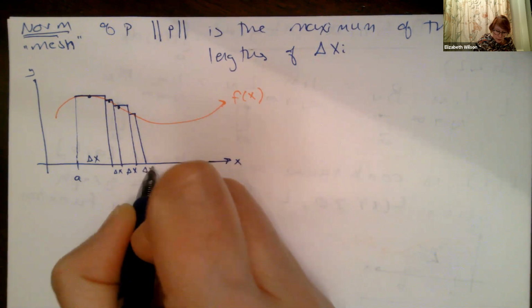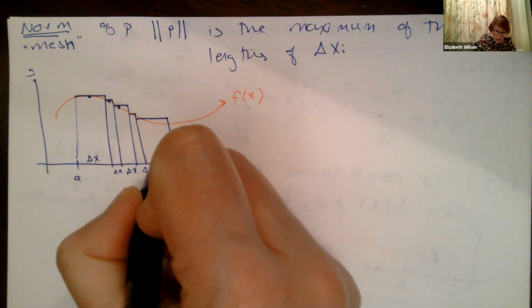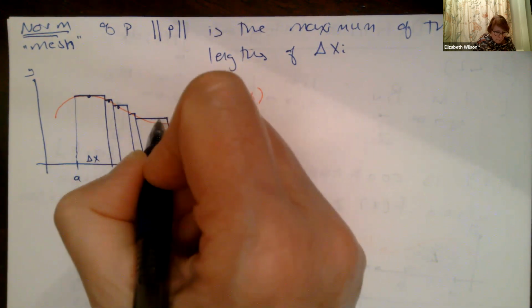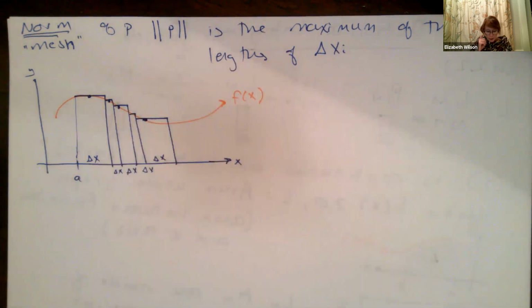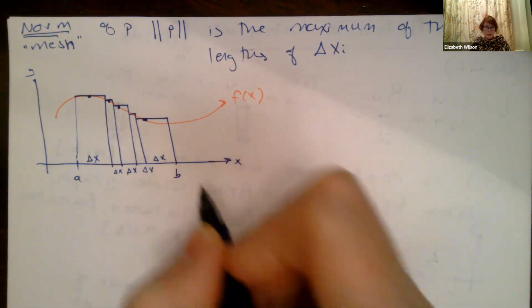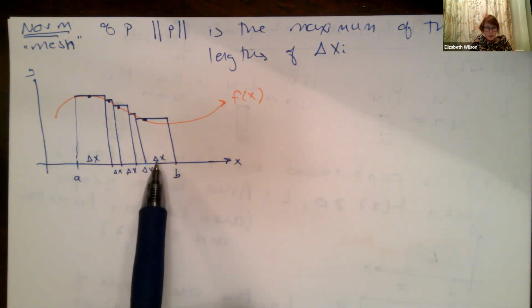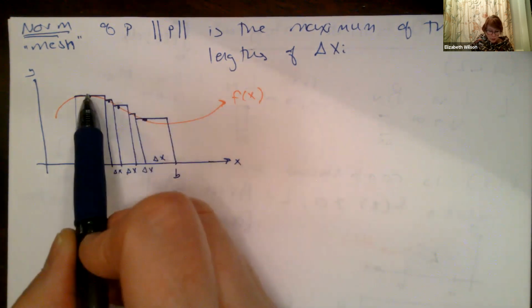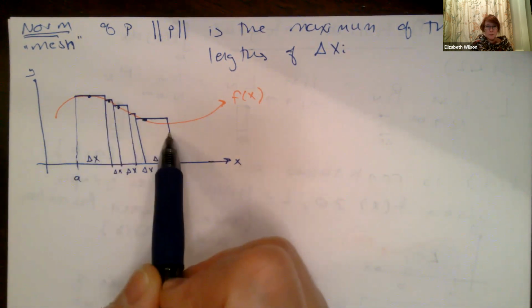Here's a delta x, I'll choose a point there. You get the idea, right? I'll call it a day right there. You can see I really tried to exaggerate it. My delta x's have different widths. I'm basically choosing values within these rectangles to pick out values of my function.